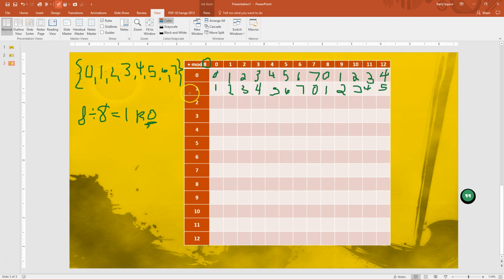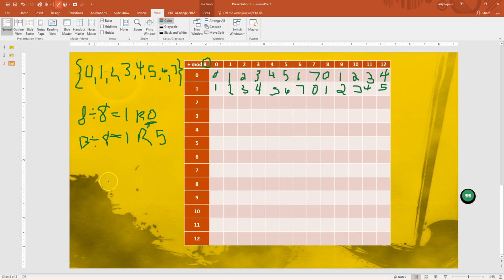This is what's kind of cool. 1 plus 12 is 13. 13 divided by our modulus, which is 8, gives me 1 with a remainder of 5. Just for kicks, let's take a look at this 12 plus 12.